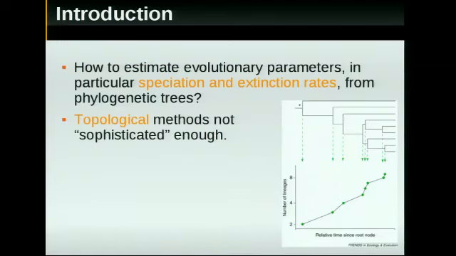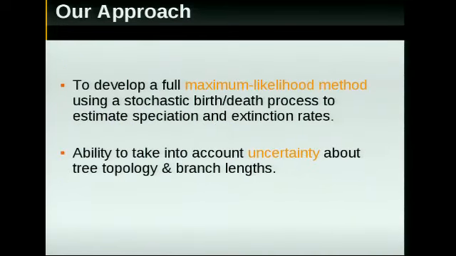And then you can say that the average slope that you get in this curve tells you something about at least divergence rate, so maybe speciation minus extinction rate. But it's not really very sophisticated. We really want to have more of a statistical approach. So that's what we want to try to do.